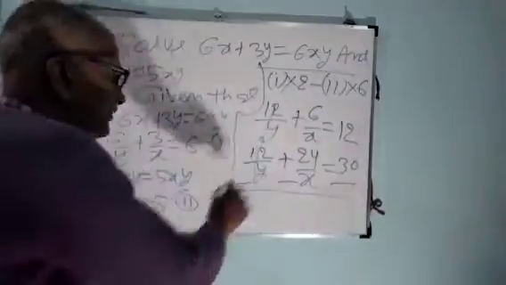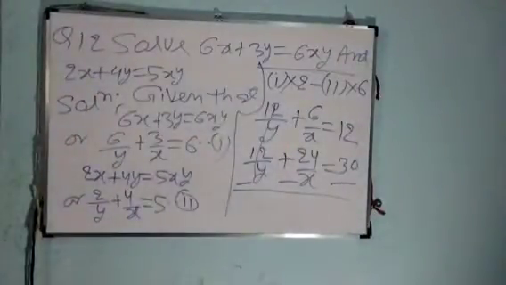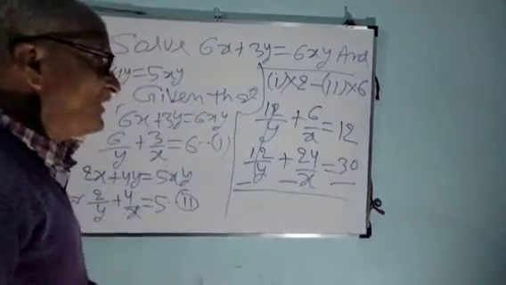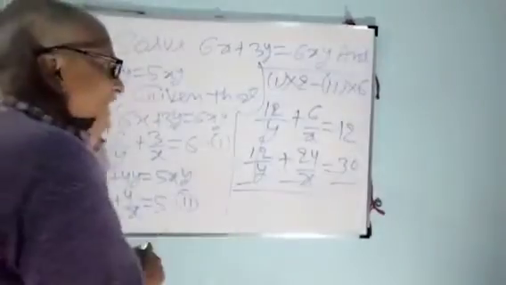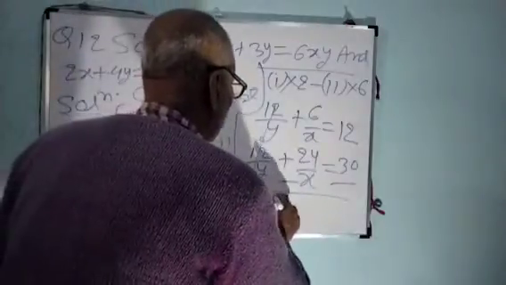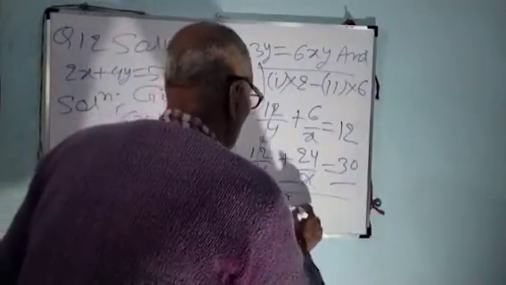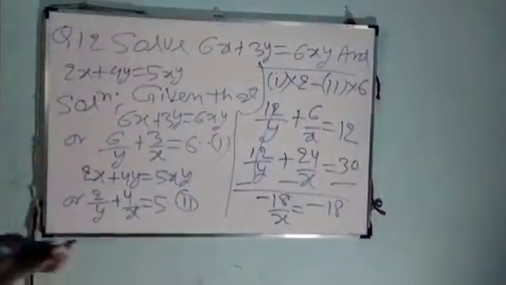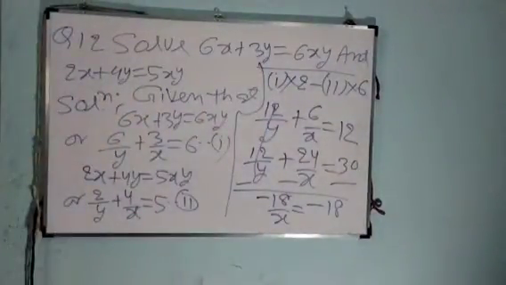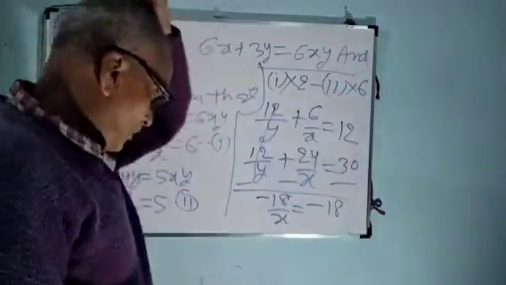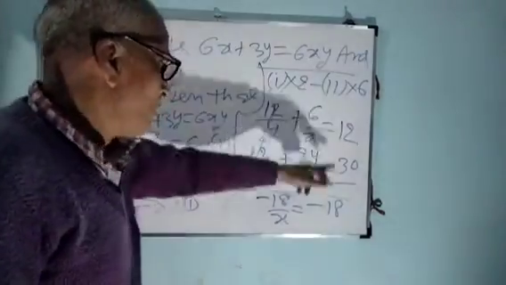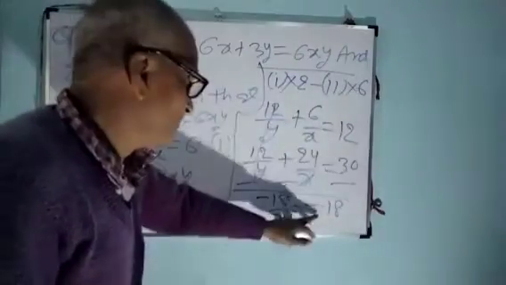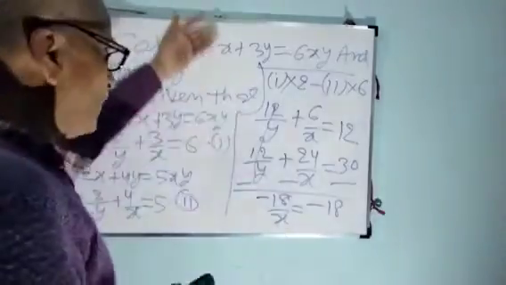This will cancel. Plus and minus are subtracted and the sign is of the greater. So here we write minus 18 by x equal to minus 18. Here also minus and plus are subtracted and the sign is of the greater. See here, you note it in your notebook.